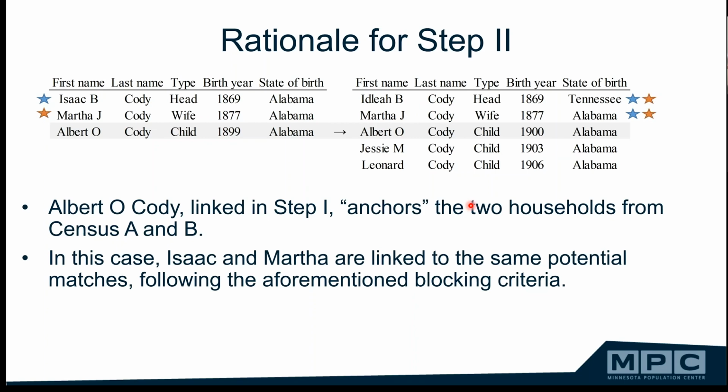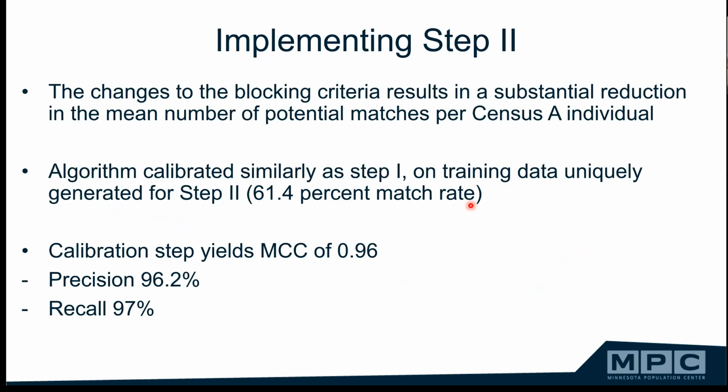Martha J will be linked to Martha J and Idlea B. So this change in the blocking criteria results in a substantial reduction in the mean number of potential matches per census A individual. So it makes it computationally much easier for us to do.